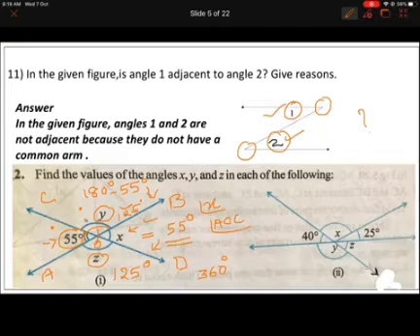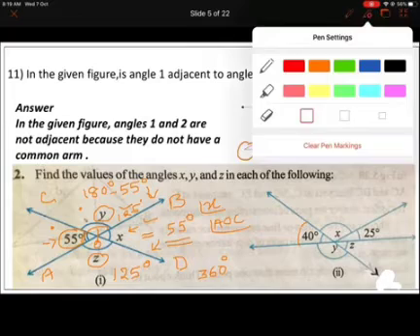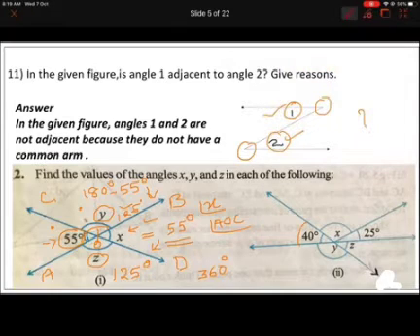Next one. Here you have again two intersecting lines and one emerging ray from the same point. If this angle is 40 degrees, immediately you can find angle x also, because on this line you have 3 angles.